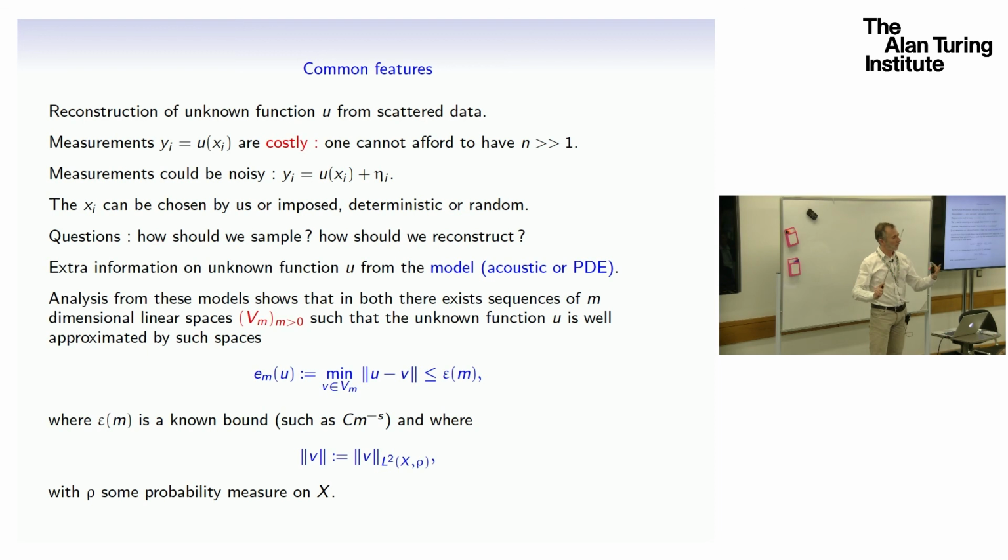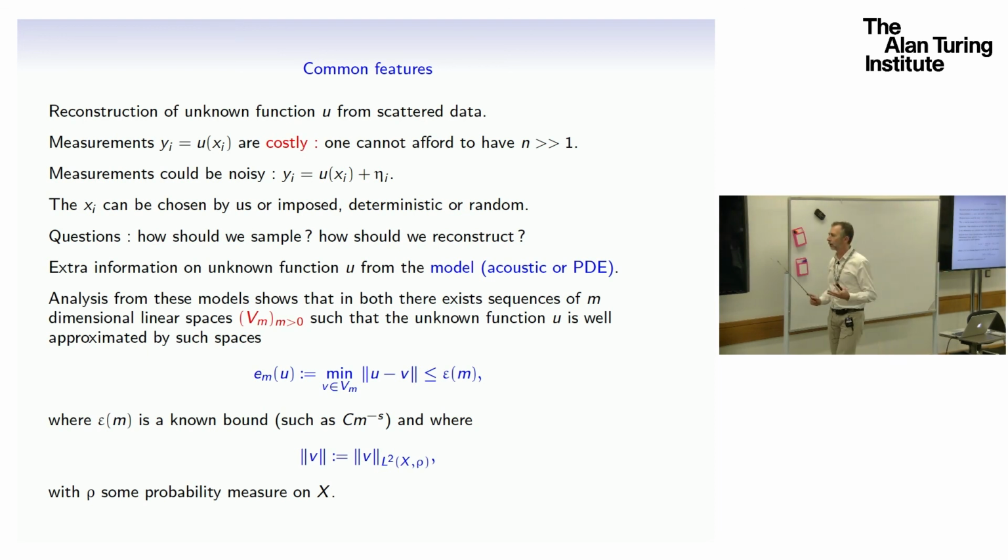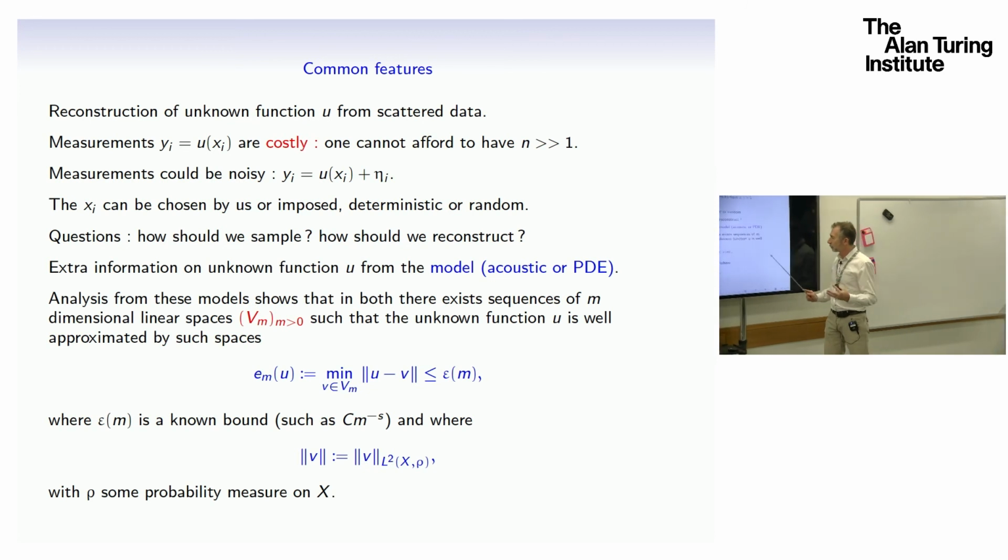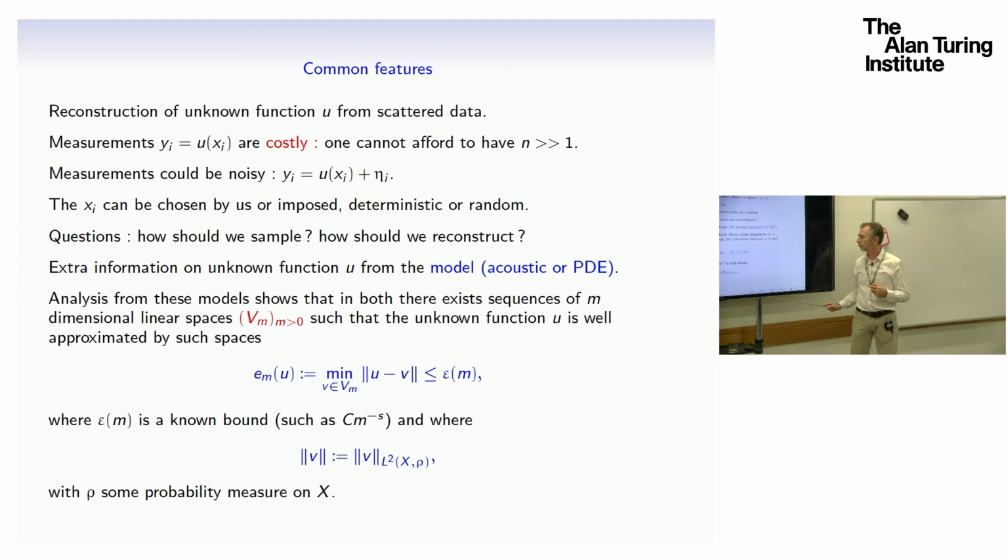But as some of you may know, smoothness and approximability go together very well. And so this is going to be our prior. Okay? And the norm will always be here an L2 norm with respect to some measure, which I will assume to be normalized as a probability measure. Okay, so this is my norm.